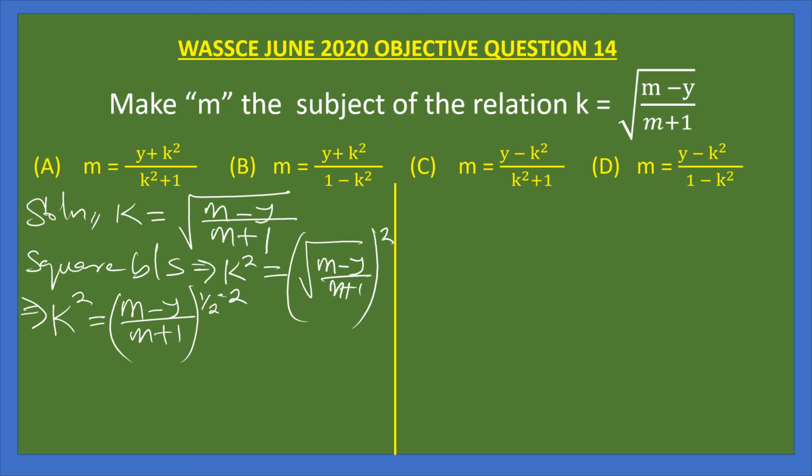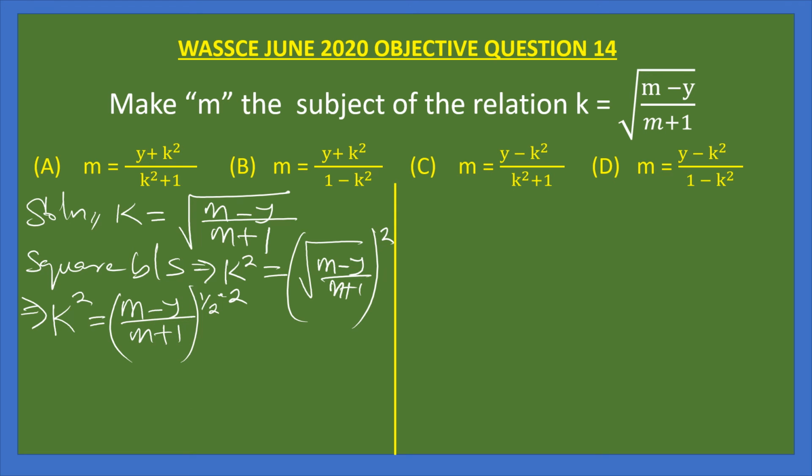This dot here means multiplication. So this square root sign is the same thing as this expression raised to power half. That's why we have M minus Y over M plus 1 raised to power half.